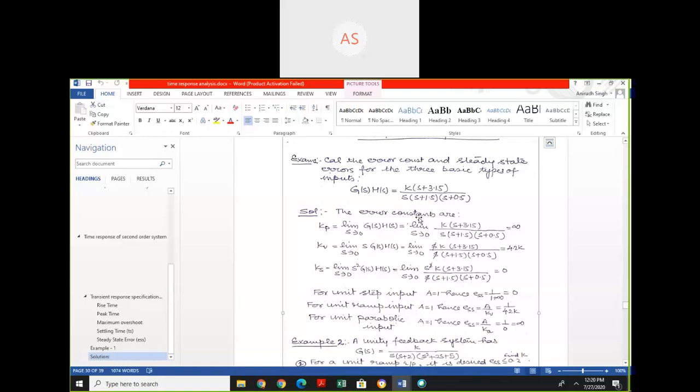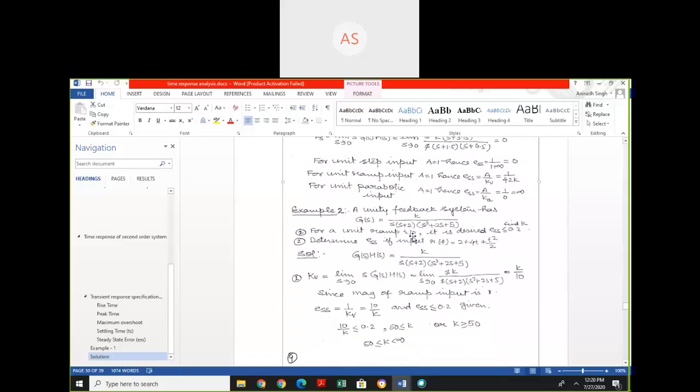You can see that the type of this system is 1. For type 1 system, unit step is satisfactory. Ramp input is satisfactory for type 1, and parabolic input is satisfactory for type 2. Since this is type 1, for parabolic input we get the steady state error infinite.